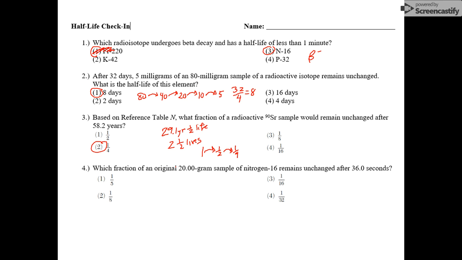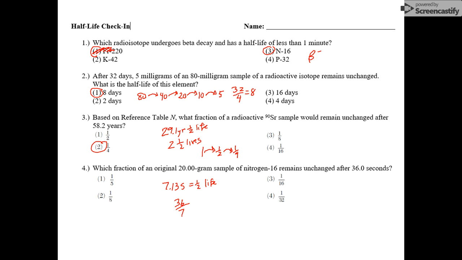Which fraction of an original 20-gram sample of nitrogen-16 remains unchanged after 36 seconds? Wow, nitrogen-16 must decay pretty quickly. Oh yeah, we said it decayed pretty quickly. 7.13 seconds is our half-life of nitrogen-16. What fraction remains unchanged after 36 seconds? Let's see how many half-lives.